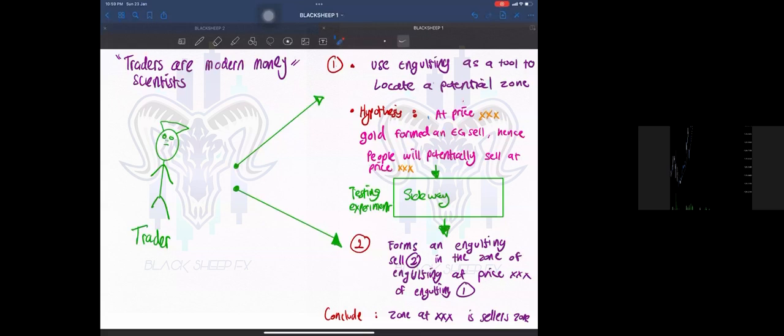So who can tell me what does the hypothesis resemble when it comes to engulfing? Who can tell me what does this mean when we want to use it in our candlesticks?